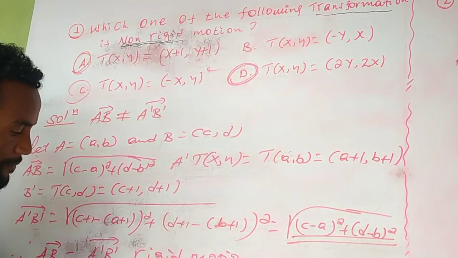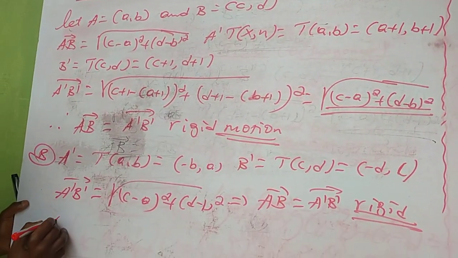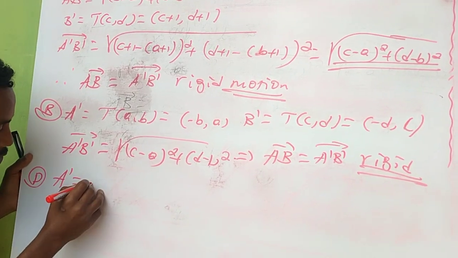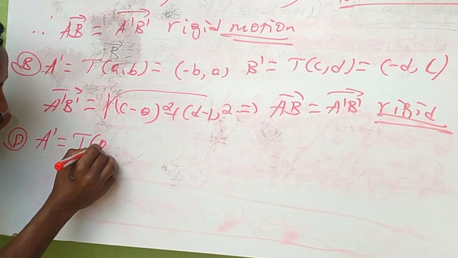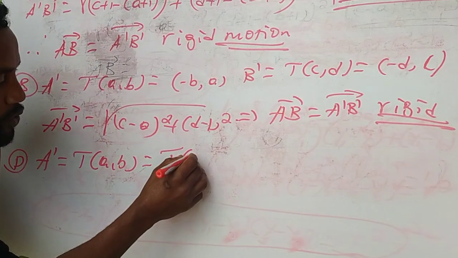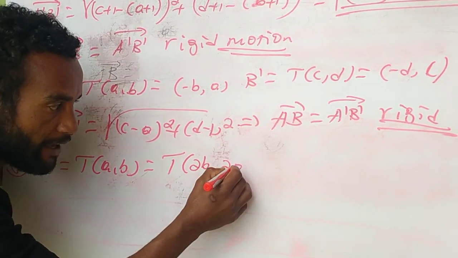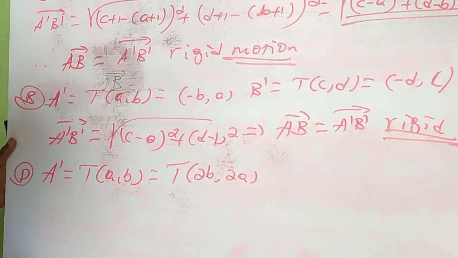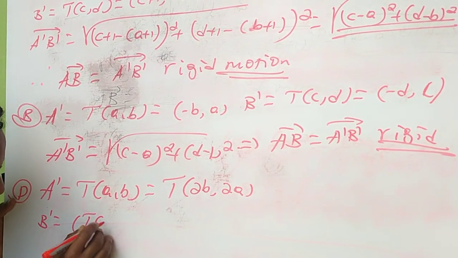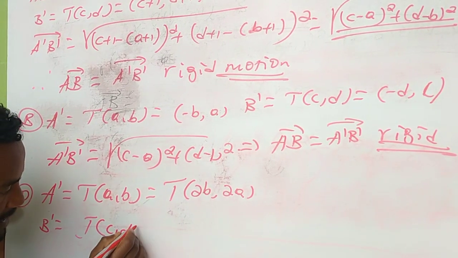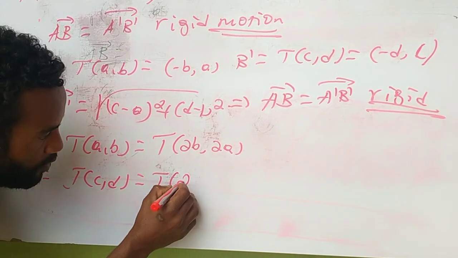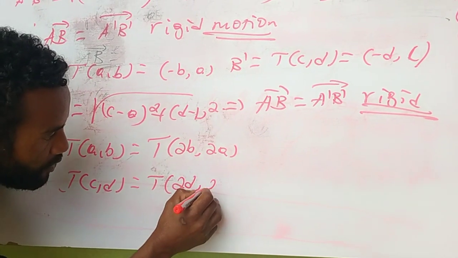Now check D. A prime is the transformation of (a, b), which is (2b, 2a). This is A prime. Now B prime, from (c, d), is (2d, 2c).